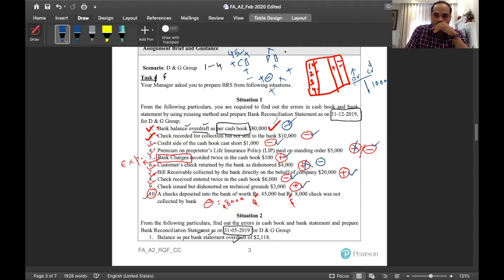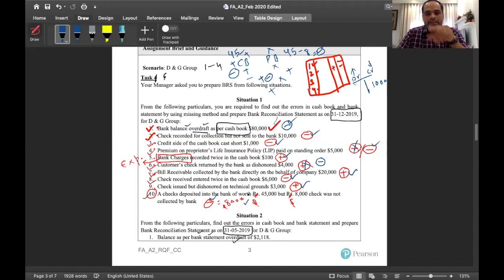But in my bank, I received 45 minus 8. So 8,000 is not in my bank, so I will minus 8,000.